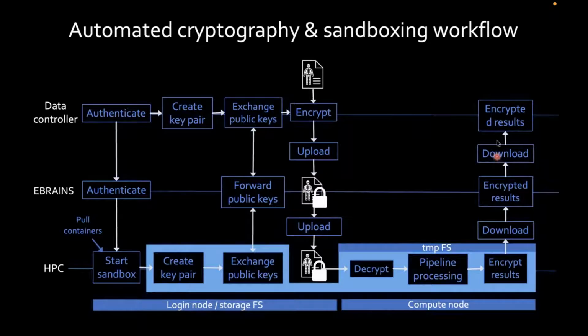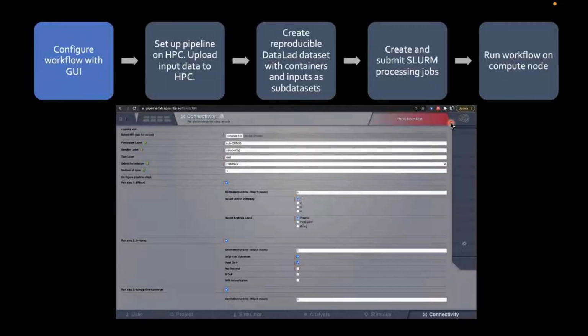And with this public key from the supercomputer, the data controller can then encrypt the data, and this happens then also automatically, and uploads it via EBRAINS onto the supercomputer. And then only inside this sandbox is the data decrypted, the data processed, and also the results again encrypted to make sure that never any unencrypted data leaves the sandbox.